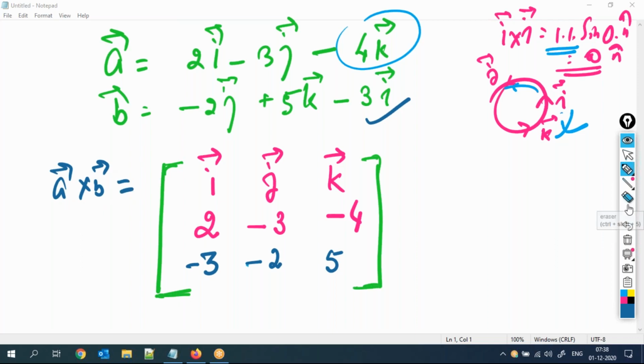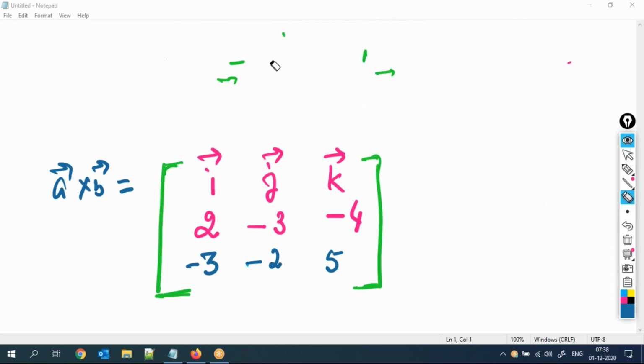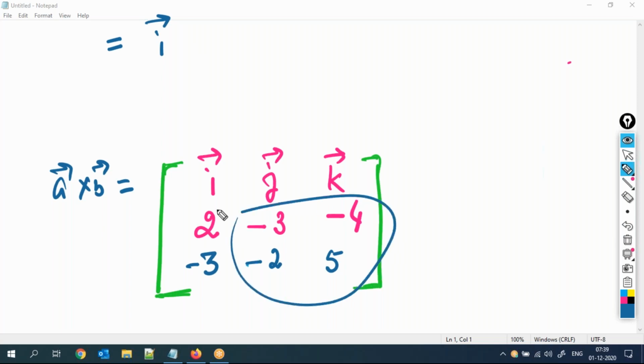So how to solve this? This is easier to solve, and this is how I prefer. Let us start writing. When we are writing I, you will use determinant like this.